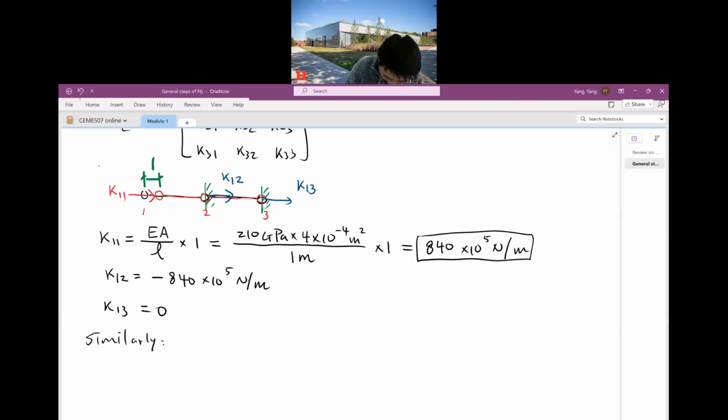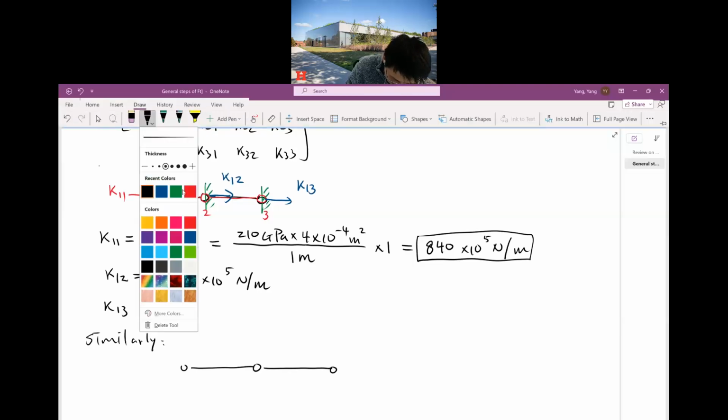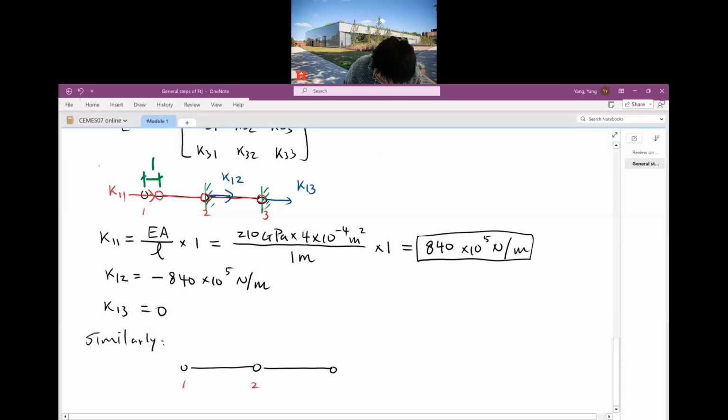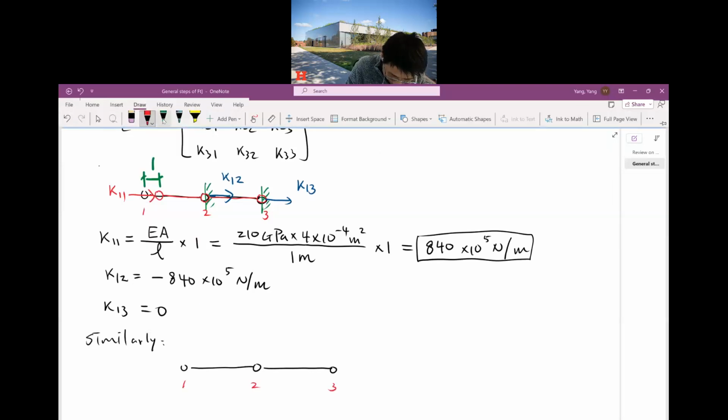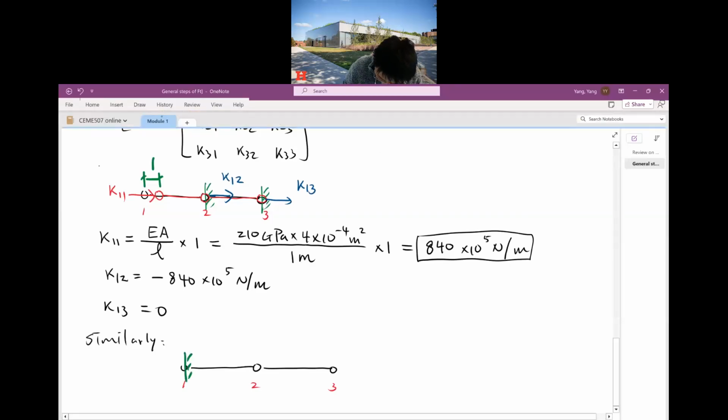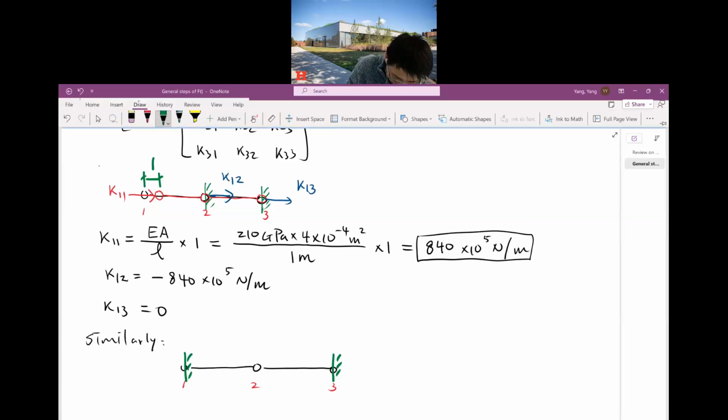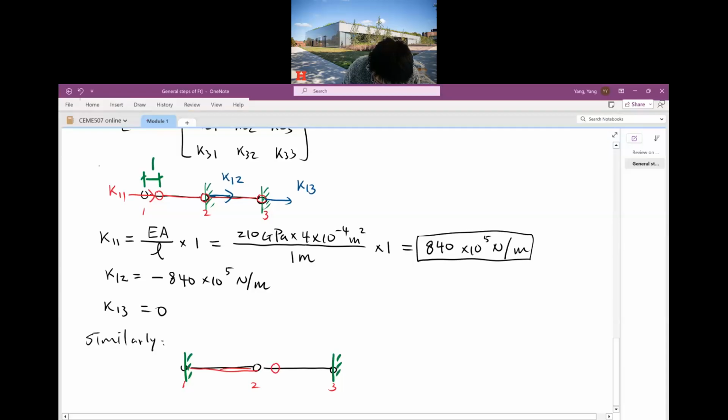If we have 1, 2, 3, we fix 1 and 3, and we induce a unit displacement for node 2. So the force, I'm just going to use blue.